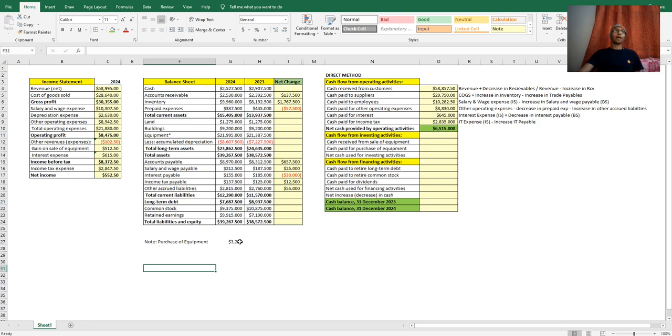So purchase of equipment happened at 3250, and the ending balance, that is the 2024 balance of equipment, was 31995, right?